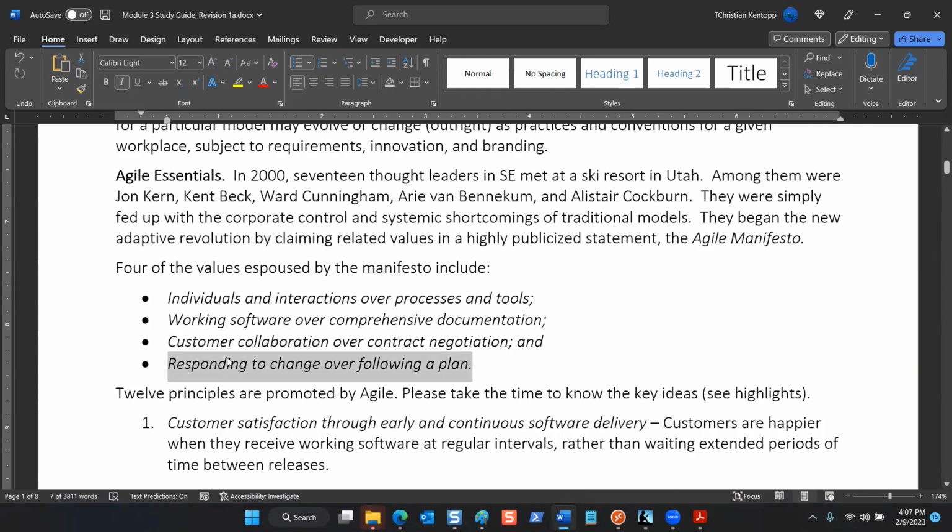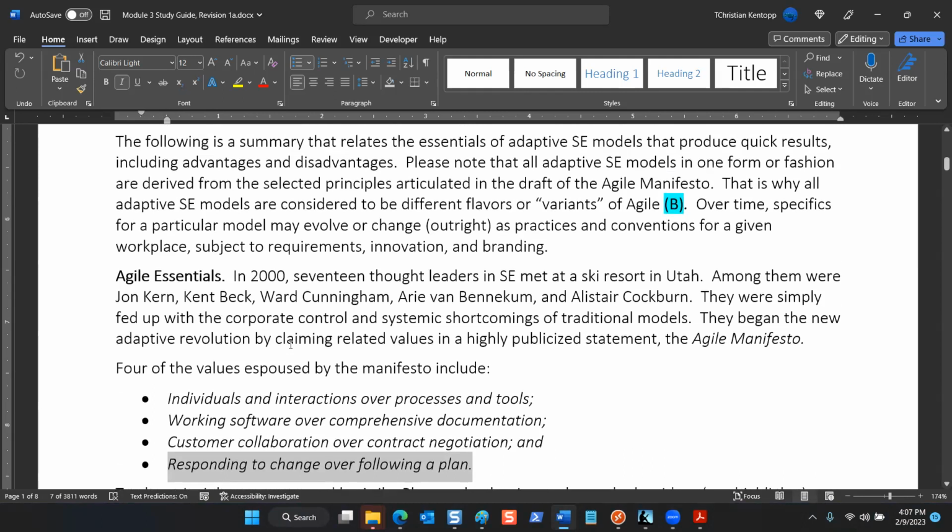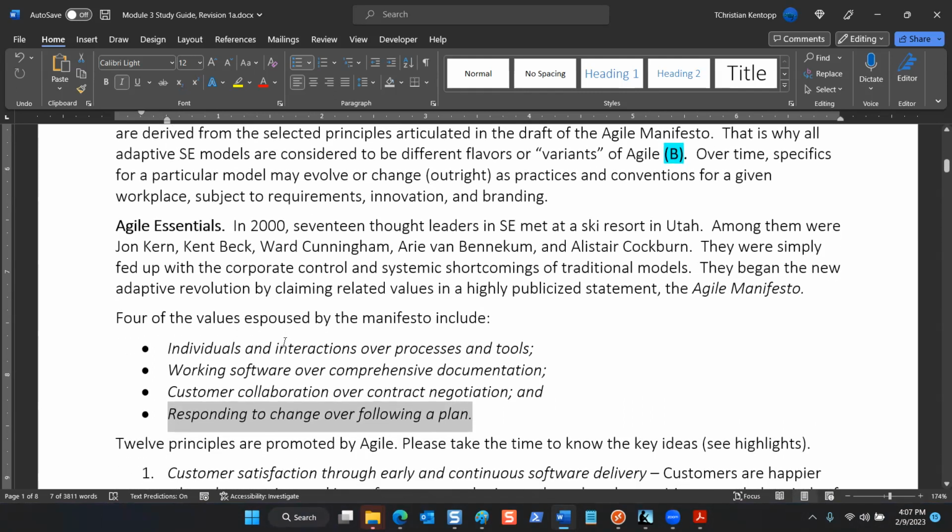Certain customers are going to want a very different feel, and it's part of what makes their restaurant appealing compared to everybody else. Responding to change over following a plan. It's a founding belief. It is a value. So it runs deeper than a principle, right? We have to be good at responding to change.